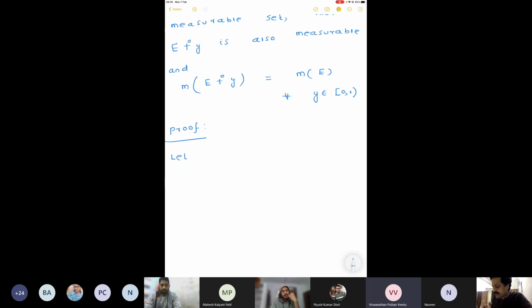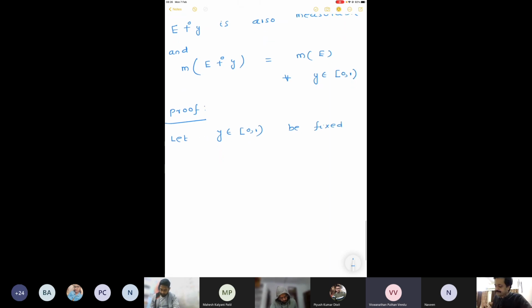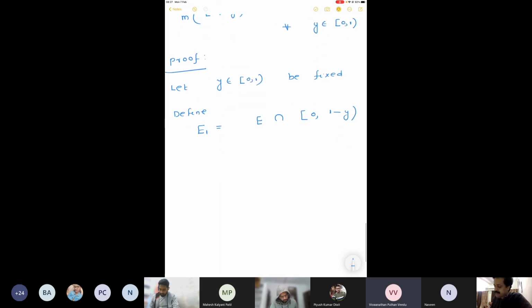Let y, an element of [0, 1], be fixed. So how do we connect? For that, let me define two sets. Define E1 equal to E intersection [0, 1 minus y), and E2 equal to E intersection [1 minus y, 1).